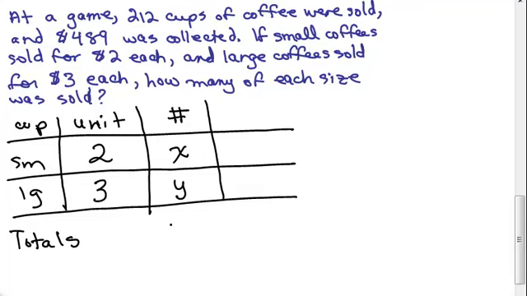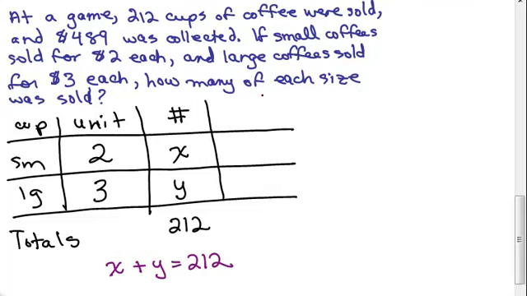The total number of coffees that were sold is 212. This is going to lead me to an equation, x plus y equals 212, which I'm going to write under here right now. That is going to give us one of the equations we want.